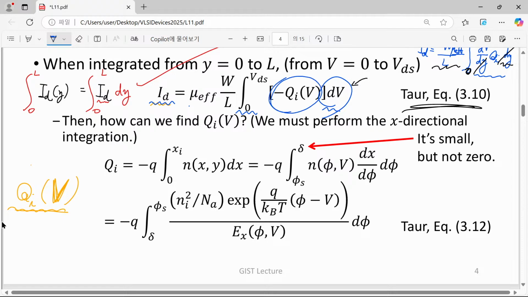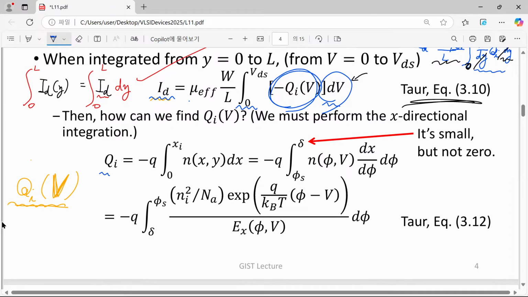Actually this one. In order to calculate Qi, we must perform once again a certain integration that is shown here. So Qi, this is the electron contribution to the silicon charge, and simply given as electron density integrated along the vertical direction, and that can also be a variable change.